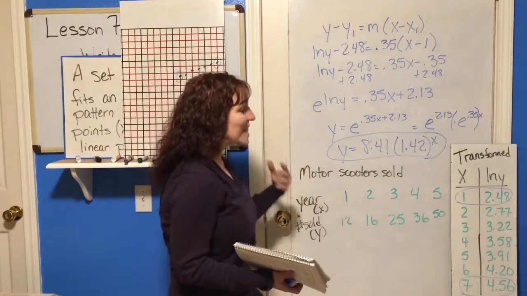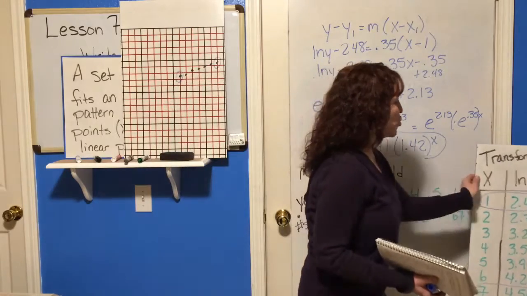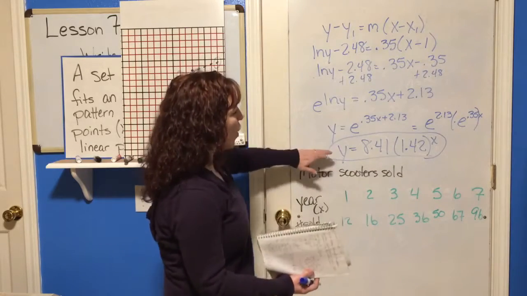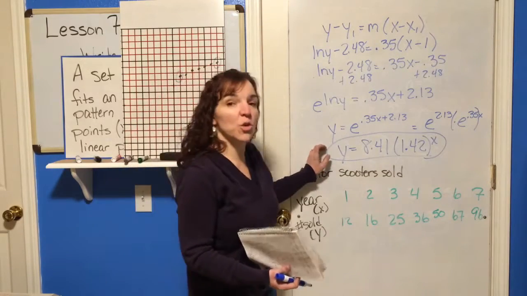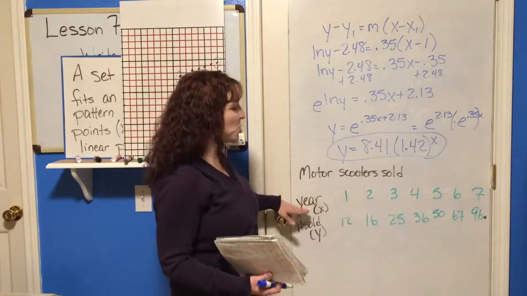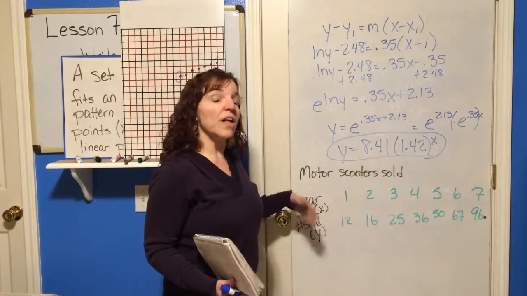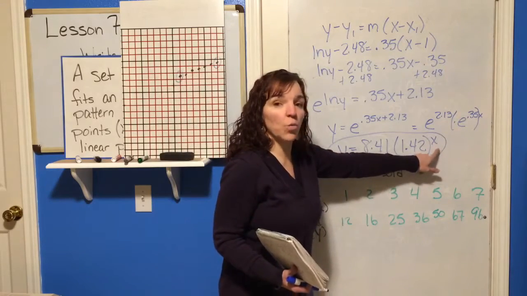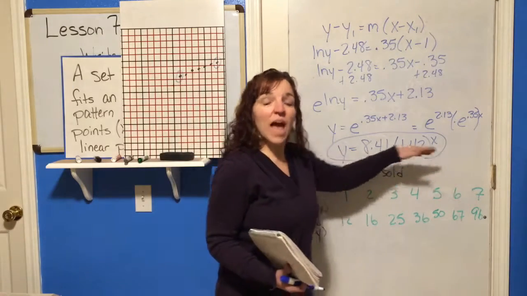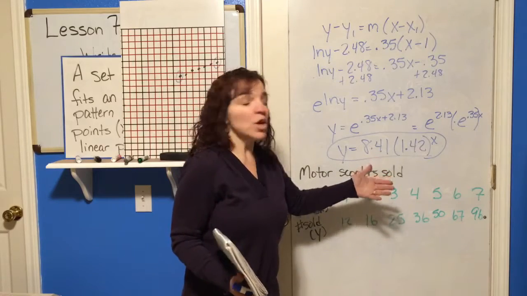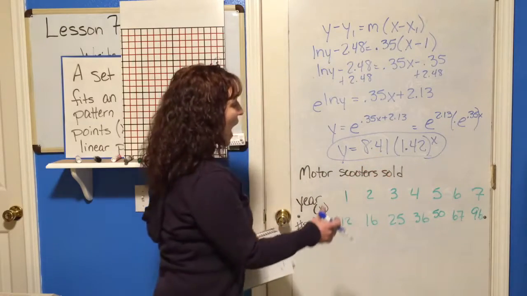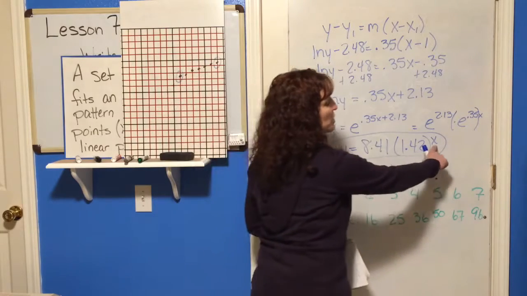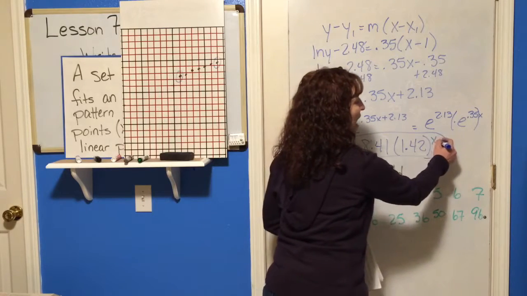Okay? Because at the end, what we can do with this information is, if we know this is the equation that represents how many scooters are sold each year, then we can simply put in the number of years that we want, and we can estimate how many scooters we're going to sell in any given year. So if I wanted to know how many scooters are going to be sold in the 8th year, all I would need to do is plug in 8 for the x.